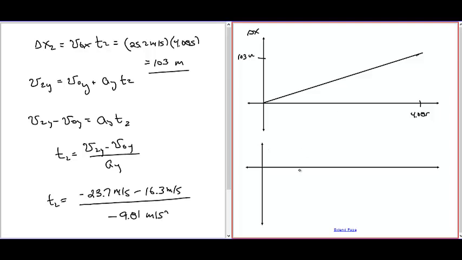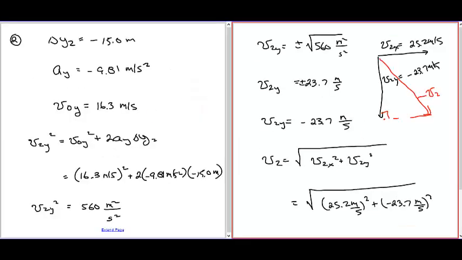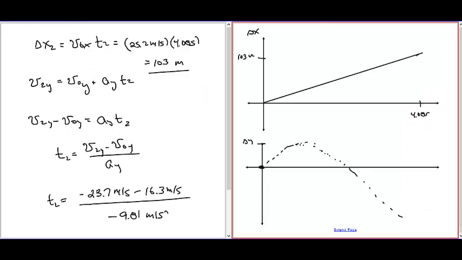As far as delta y is concerned, we start at 0. So this is delta y. We go through some place where it's a peak, and it's a parabola because it's constant acceleration, and then it comes down like that. So this height, the maximum height, which we calculated earlier, was 13.5 meters.